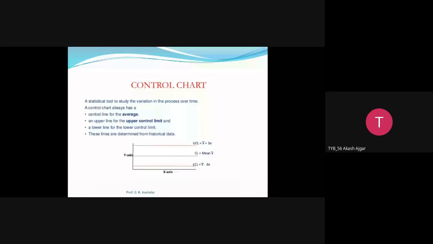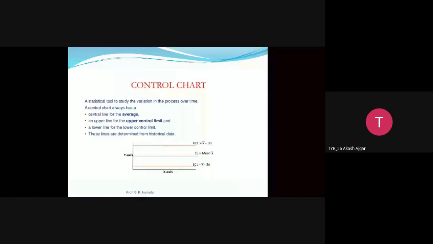So a control chart is a graphical representation of the collected information. Whatever information we have collected from the processes, we represent using different control charts. It is just a way to represent the collected information.